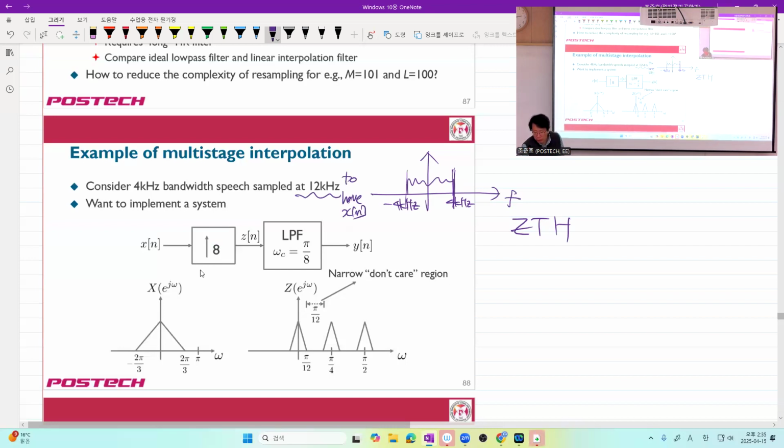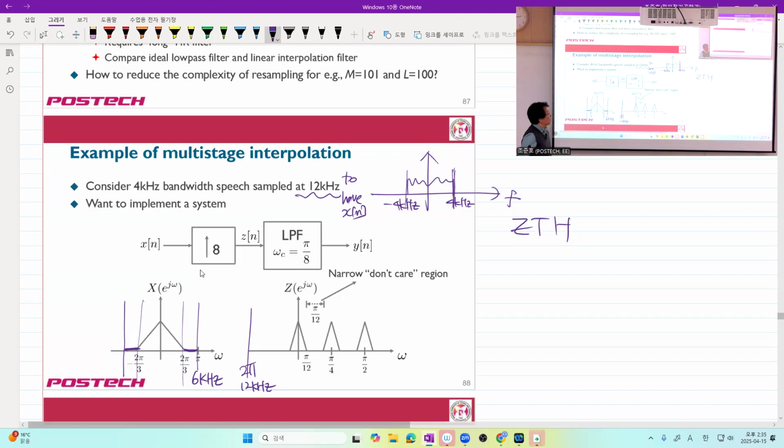But what's going on? 2 pi is related to the continuous-time 12 kilohertz, so pi is related to 6 kilohertz. And you see here, this part is wasted. So for example, what you want to do is to remove that part.